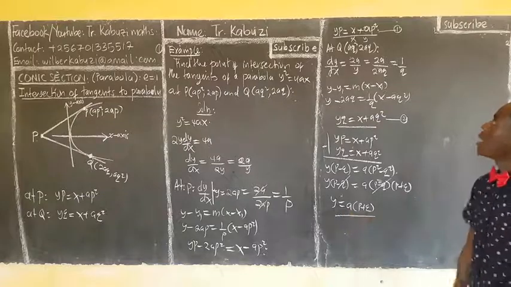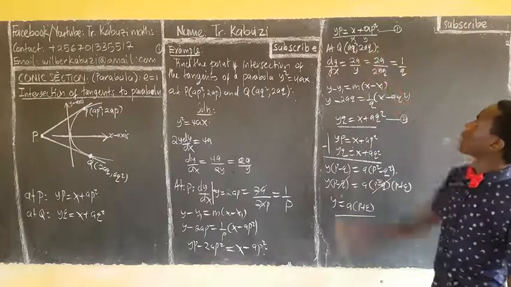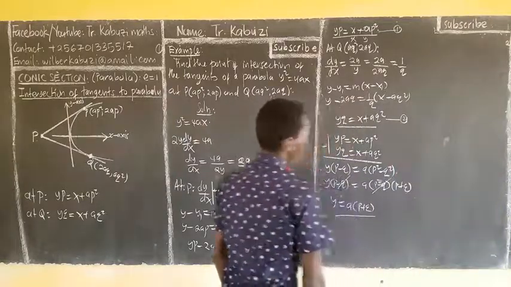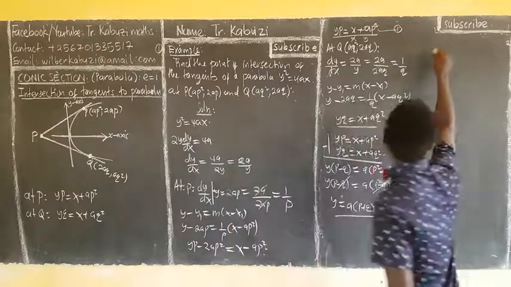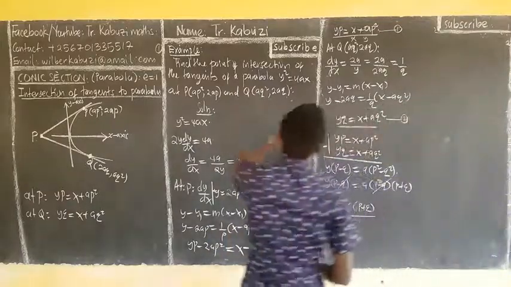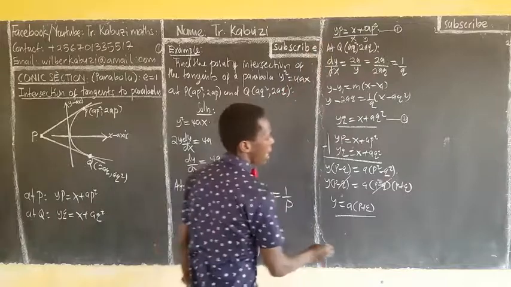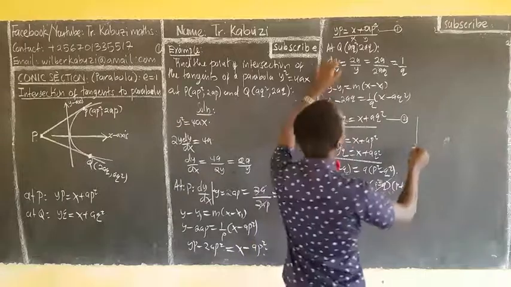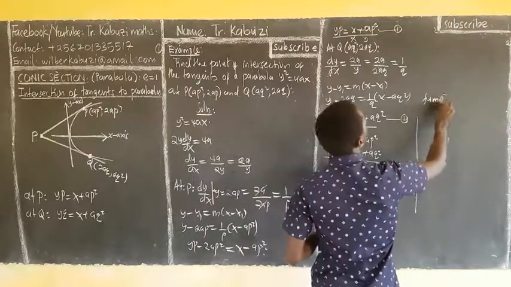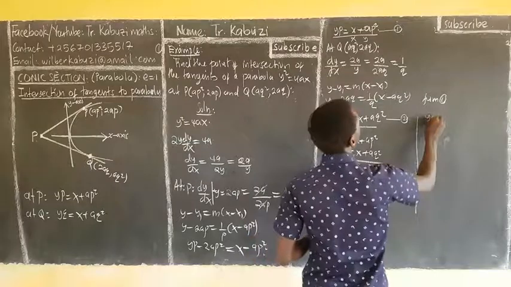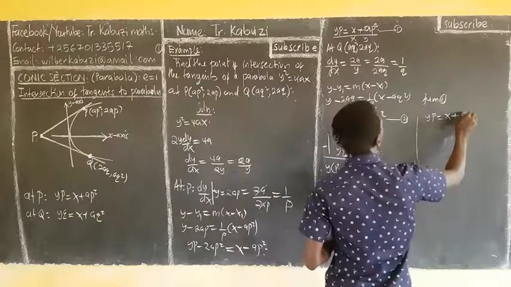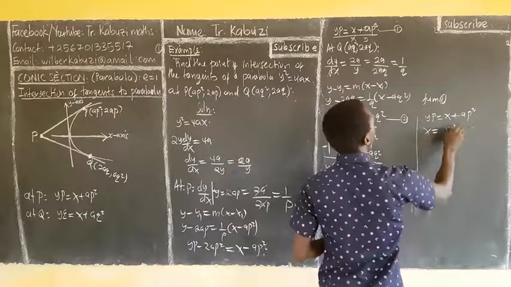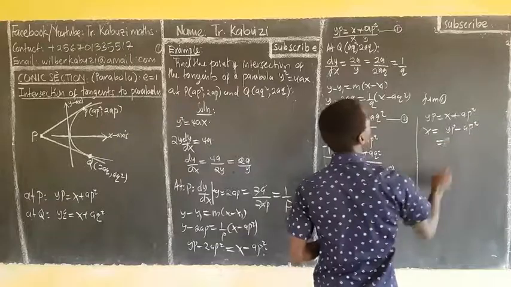Now, if I have this as y, you can either use this or this to get the value of x. From equation 1, I have yp equal to x plus ap squared. If I take this side, I have my x as yp minus ap squared. Substitute the value of y.